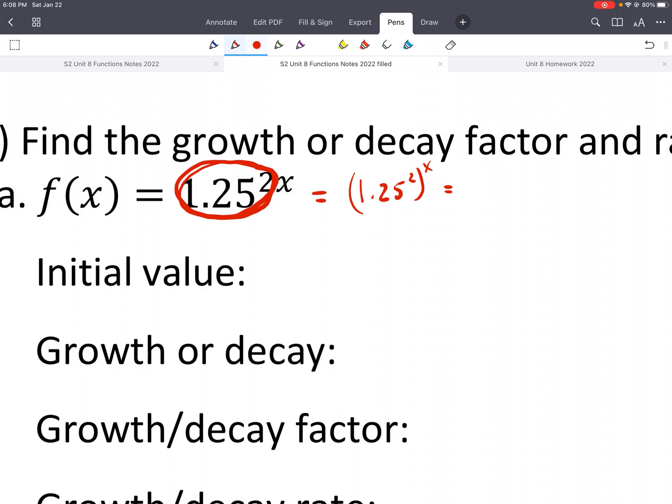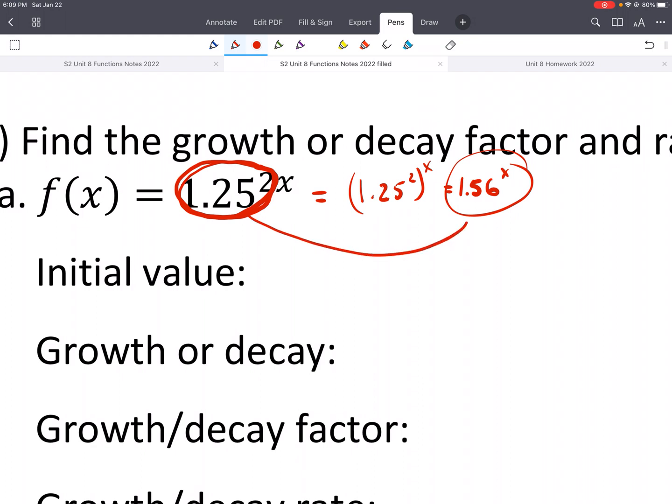So you'll type in 1.25, and then you'll need to find your exponent button. Sometimes you can just use the squared button, and here I get 1.56. We'll round to 2 decimals. So this is exactly the same as that.